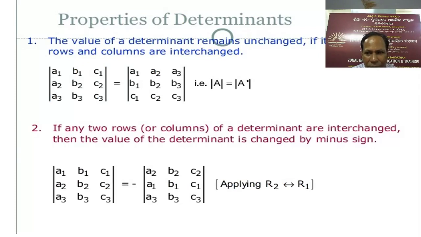Now we will come to the properties of determinants and how to evaluate a determinant using those properties. So first of all, let us discuss the various properties of a determinant.